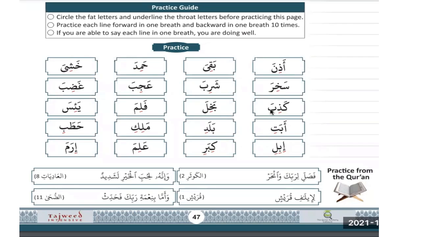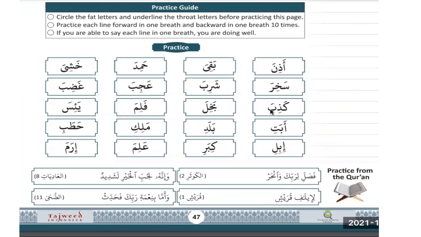Shariba. Very good. This is a very tricky letter, the Ain. What part do we use for the Ain? Ain, again, it's a throat letter. Is it from the middle part of the throat?